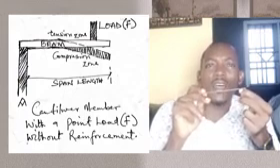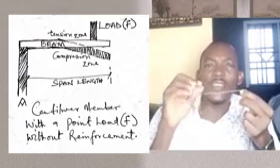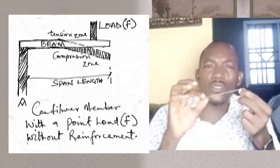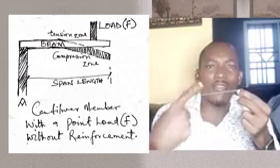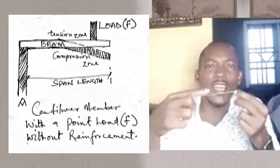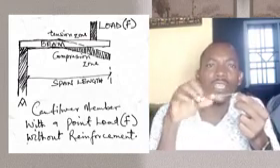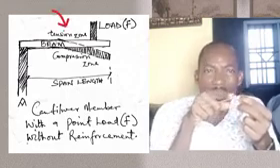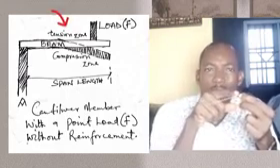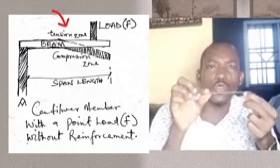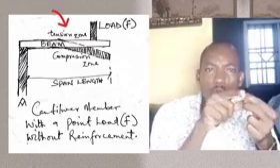Now if it's moving in this direction, what does it mean? Just like you have your hand this way and it's moving in this direction, it means that you are going to be having very serious tensile stresses developing at this point here, meaning that if you continue to go this way, this place is going to pull out.